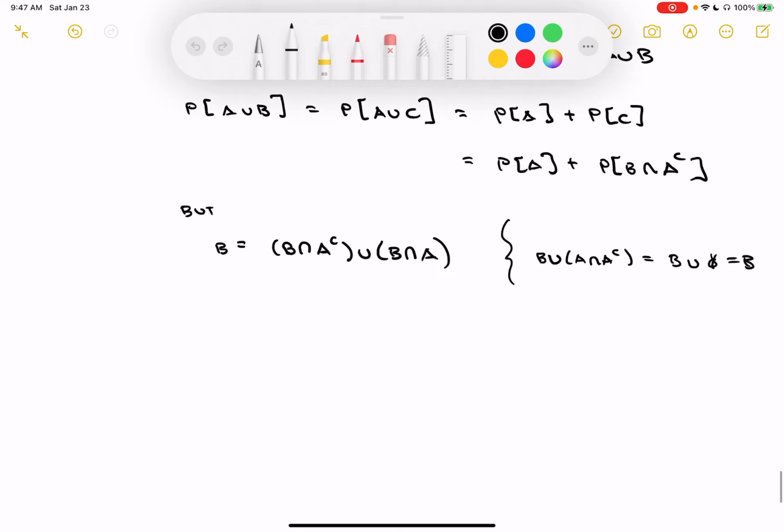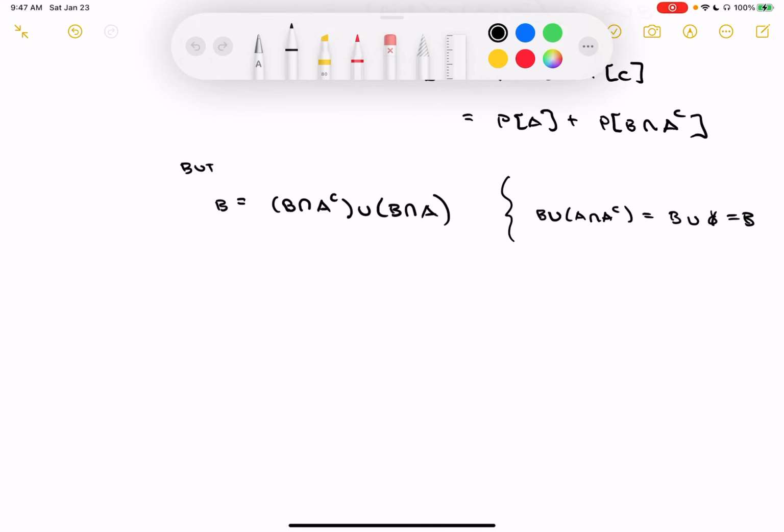Okay, so if I know that B is B intersect A complement union B intersect A, I know that the probability of B is equal to the probability of B intersect A complement, plus the probability of B intersect A. Because those two were mutually exclusive, I can again use the third axiom and just write it out as a sum of those two pieces.